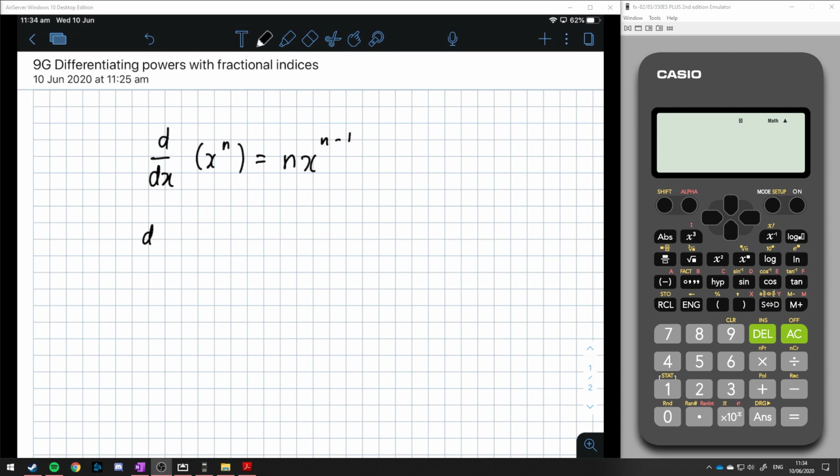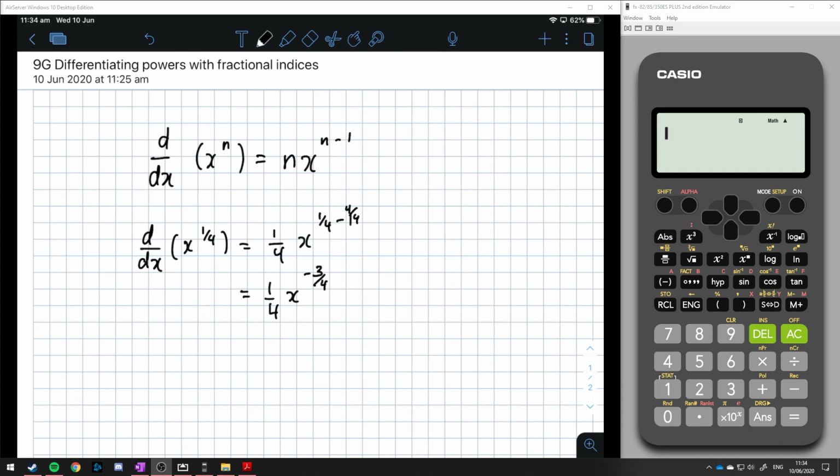So, for example, d/dx of x to the power of a quarter is equal to 1/4 x to the power of a quarter minus 1, which is the same as 4 on 4. So that is equal to 1/4 x to the power of negative 3 on 4. Okay, so this we can generalize for any power of n.